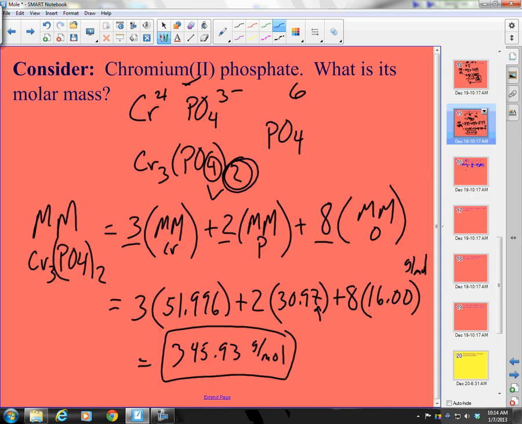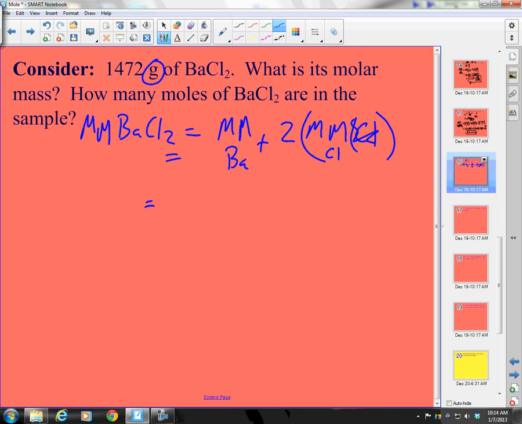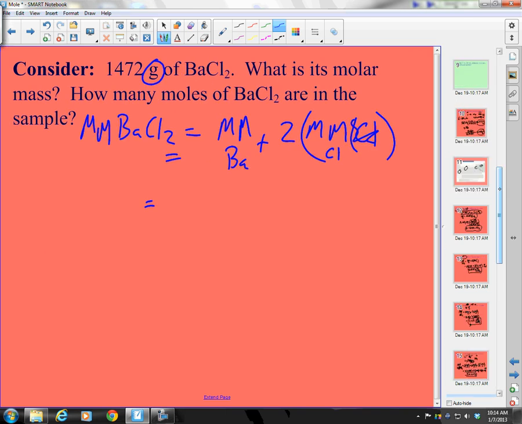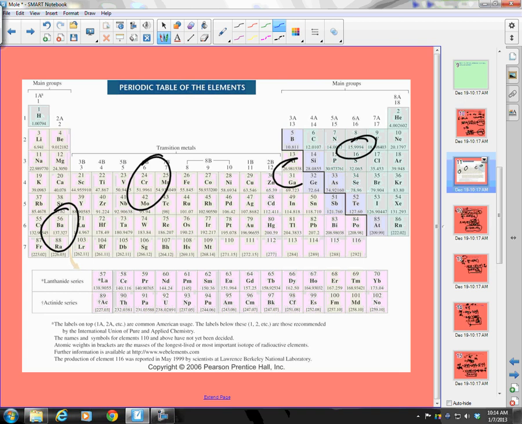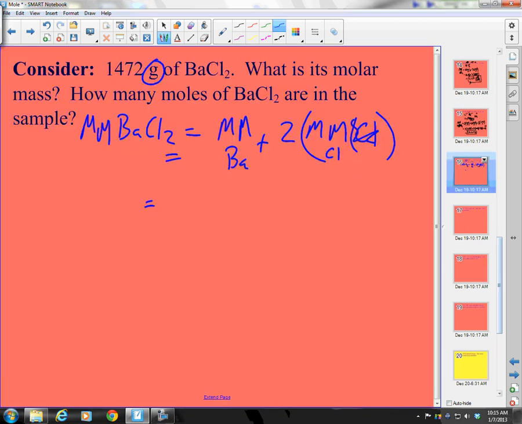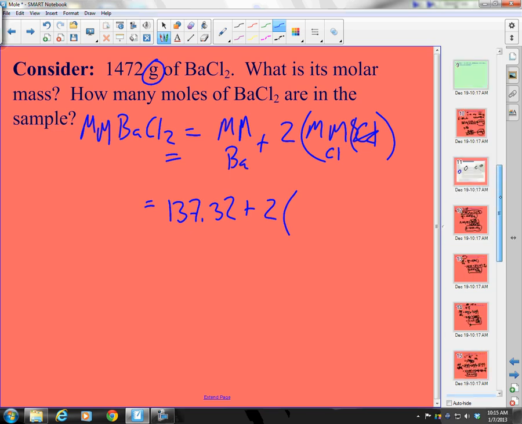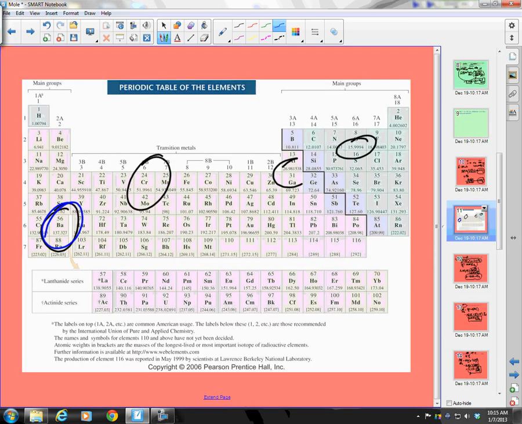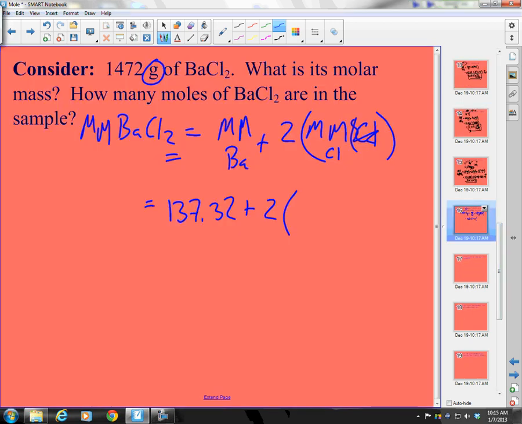Where's my periodic table? Here's my periodic table. Where's my barium? It looks like 137.32, plus 2 times my chlorine. Where's my chlorine? Chlorine, right here, 35.45, and that's in grams per mole.